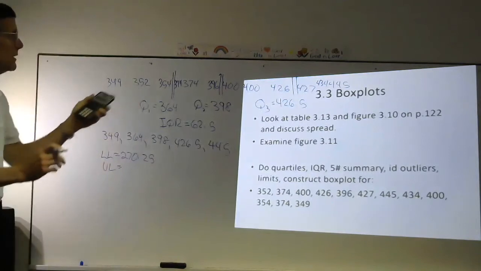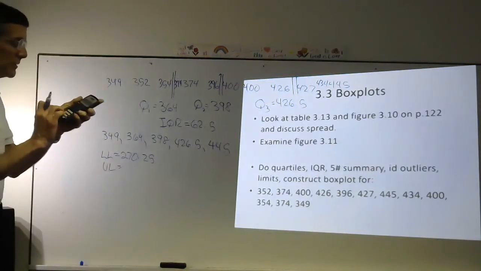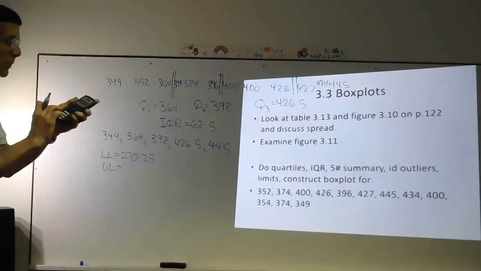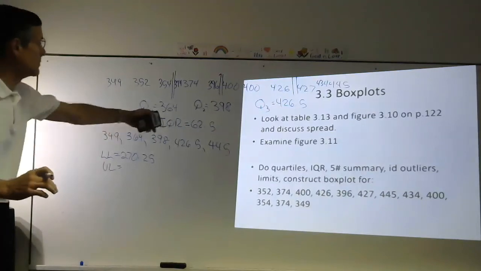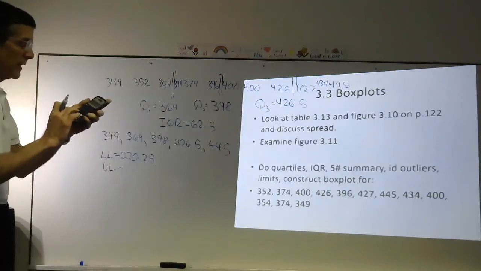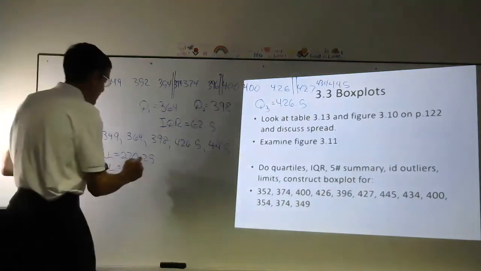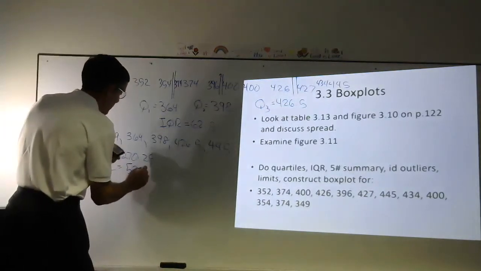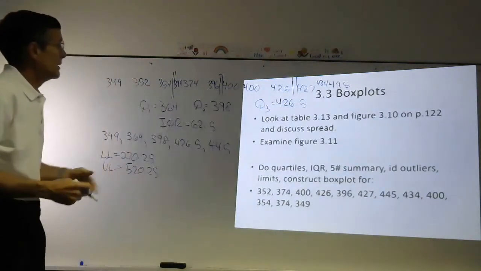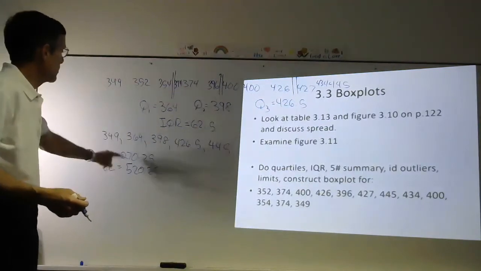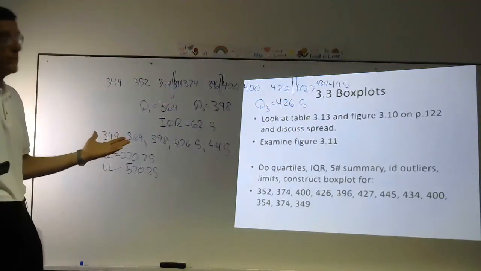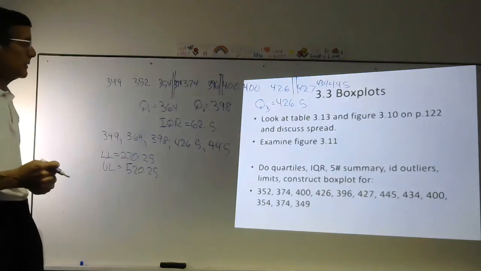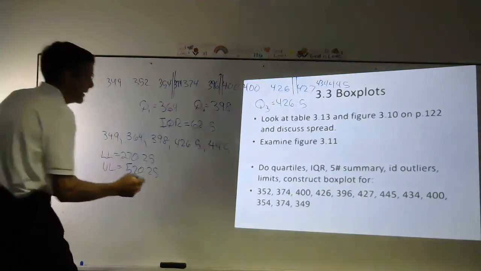I would want to take Q3, 426.5, plus 1.5 times the 62.5. I get 520.25. Does the data fit between those bounds? Easily. So there are no outliers. Okay? Let's do a box plot.